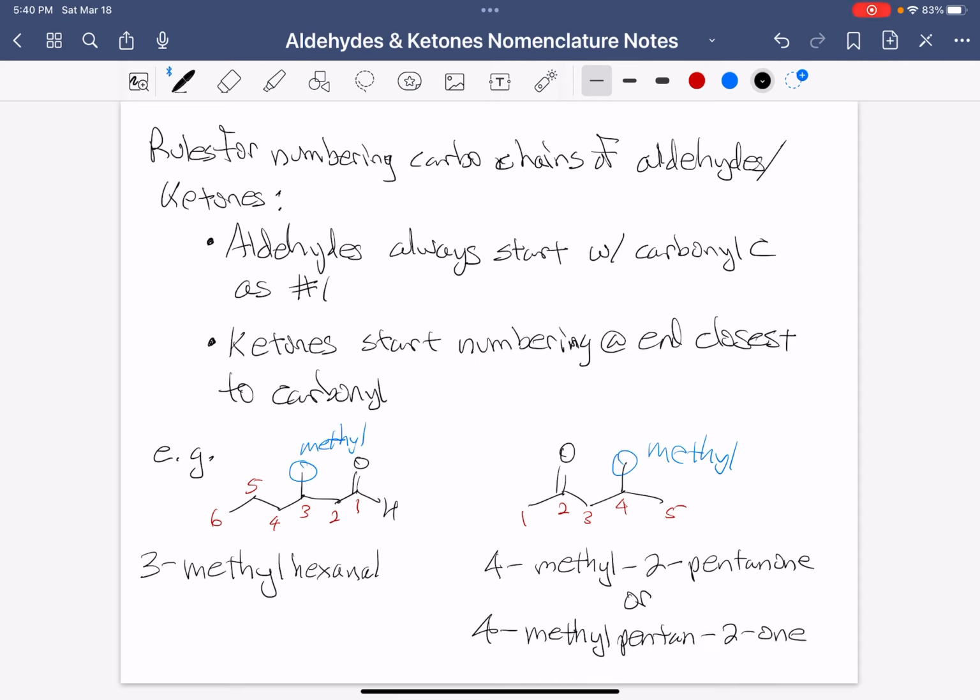Okay, and again, the number 2 there refers to the carbon where the carbonyl carbon is. We don't have to do that for our aldehyde, since we know by definition carbon 1 is where the aldehyde starts.